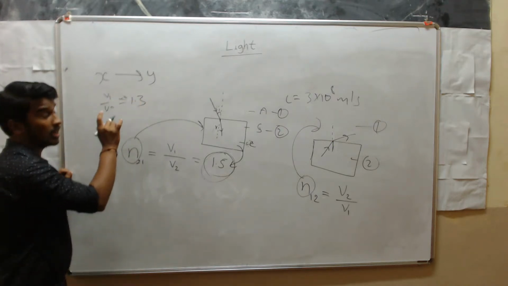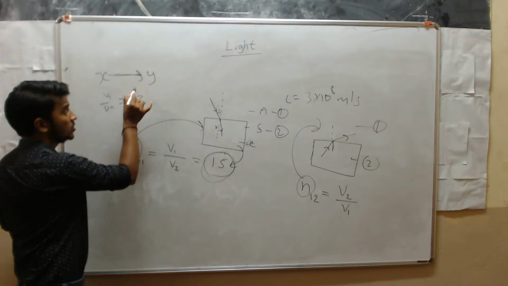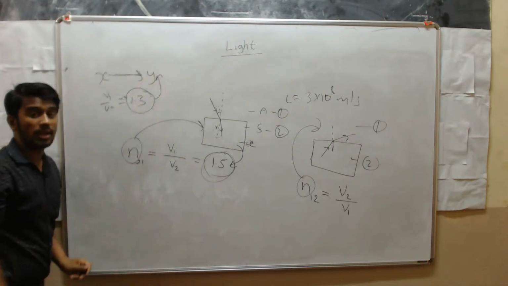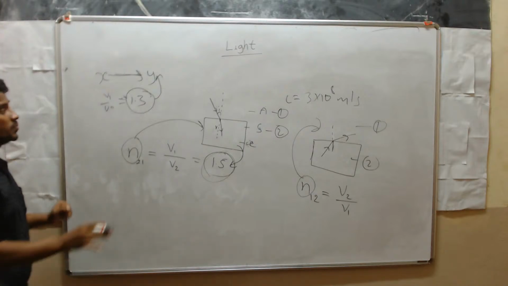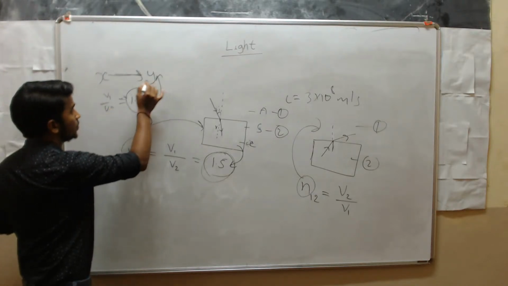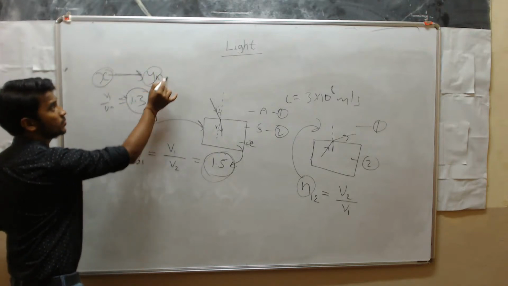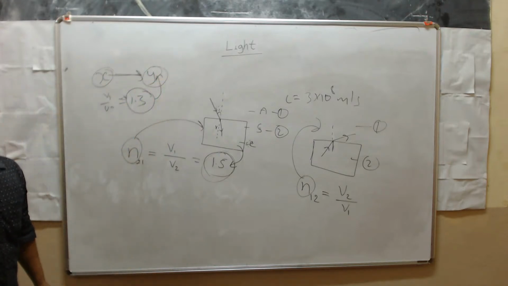But you are passing a ray of light from X to Y. So now this 1.3 is the refractive index of the Y medium, which means the speed of light in X medium is 1.3 times greater than the speed of light in Y medium.